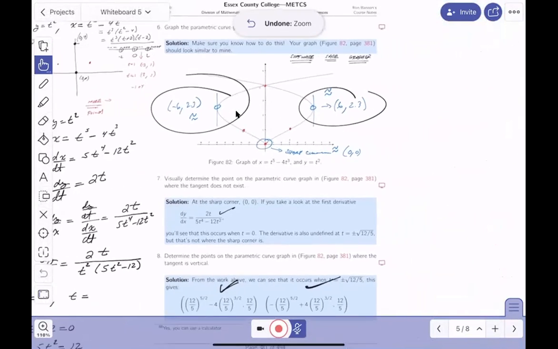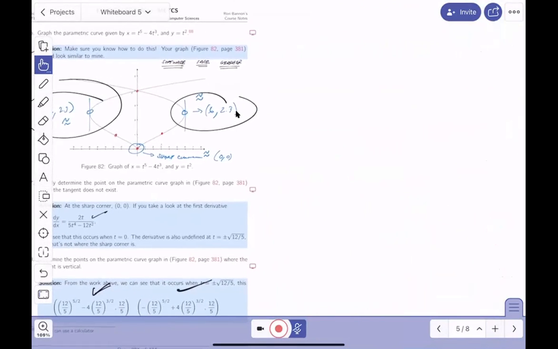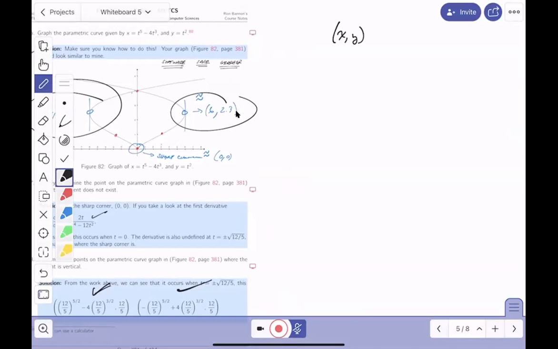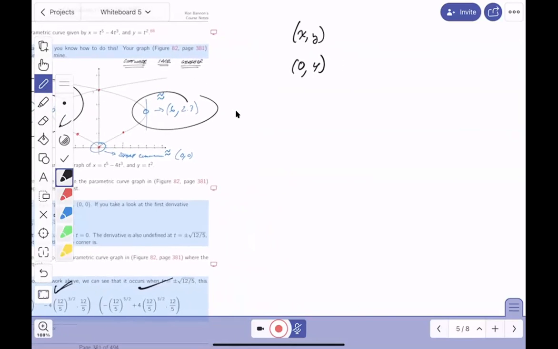All right, let me go back over here. And I'm going to say that's definitely where the curve crosses twice. And where is that going to be at the point? I'll write this one down for you. So it's at the point, this is going to be the x point, y point. That appears to be 0, 4. And when did that occur? Well, I want to remind you what we did over there.